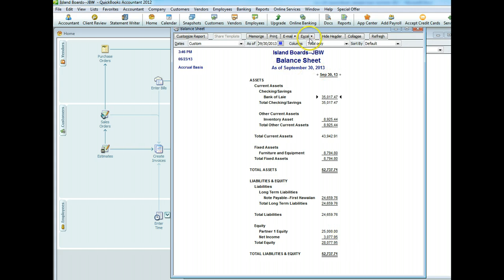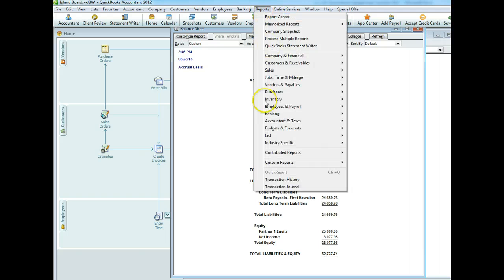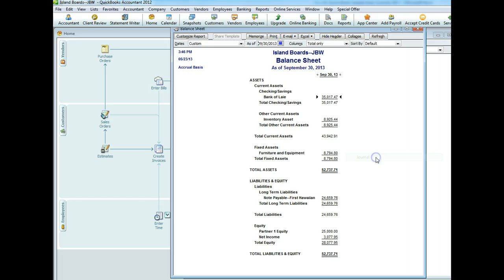Okay, and then finally, we want the accountant and taxes journal.